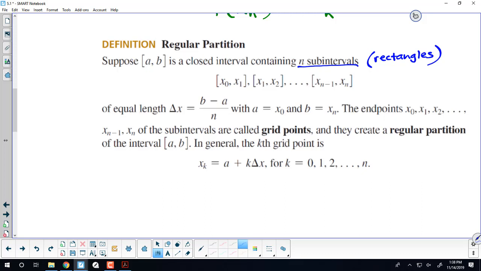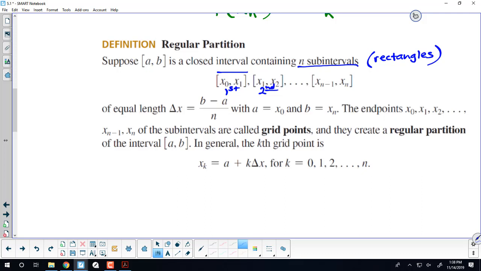So x sub 0 to x sub 1 is your first rectangle, more specifically the base of the first rectangle, and then this is your second and third and fourth and so on. We're putting that number of rectangles in this interval with equal length, which we're going to call delta x, for change in x.